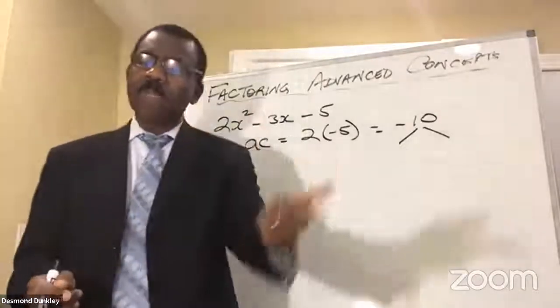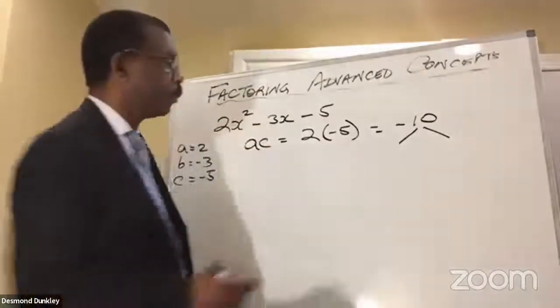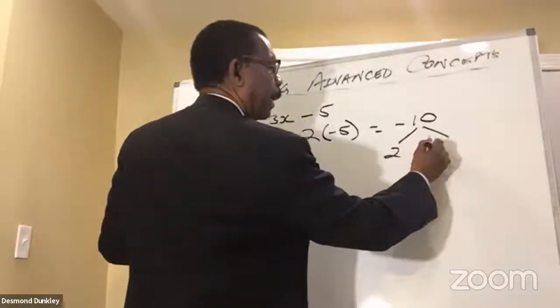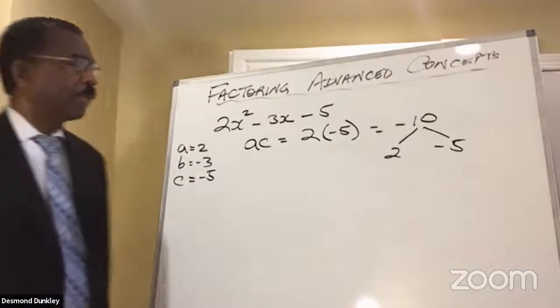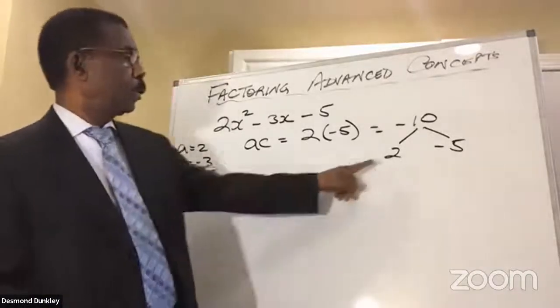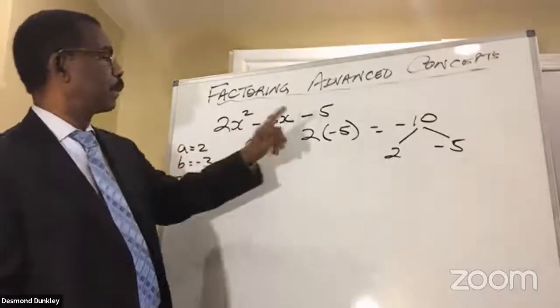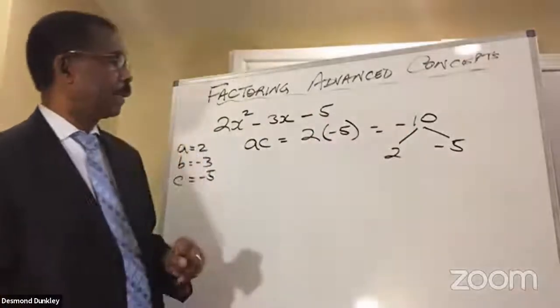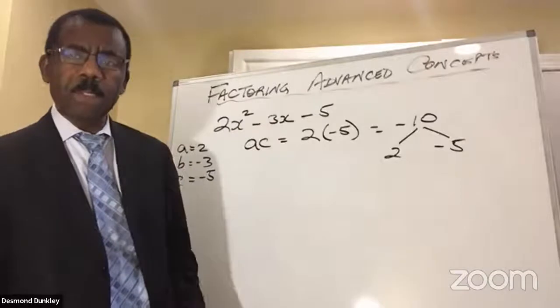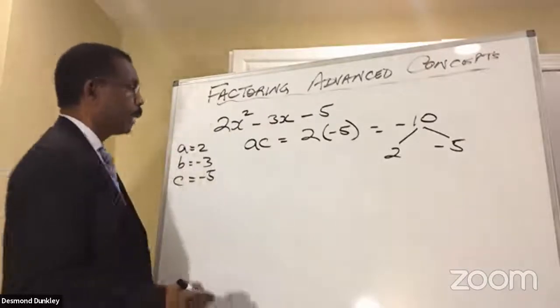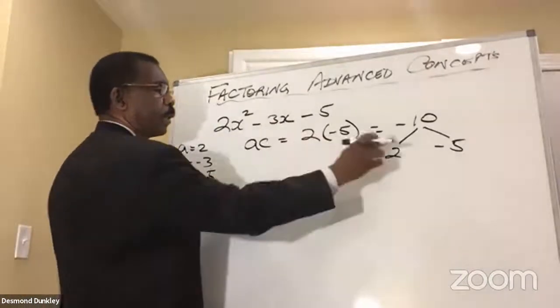So the only thing I could think of would be positive 2 and negative 5. Let's check. 2 times negative 5 is negative 10. 2 plus negative 5 is negative 3. So that works.